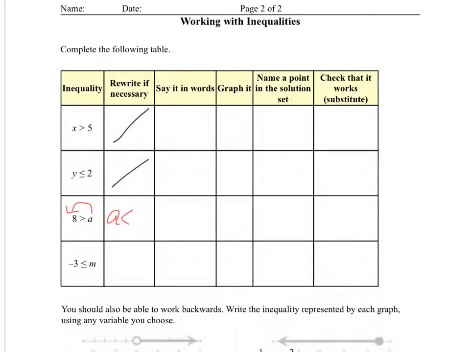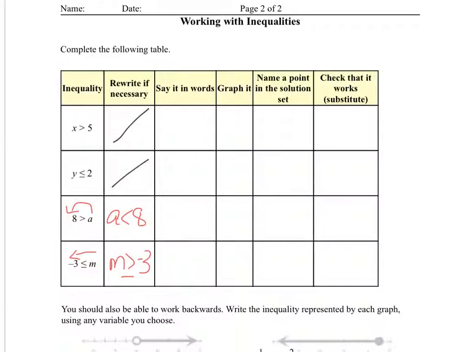So you're literally writing it backwards, and then the 8. Okay, so that's how we rewrite it backwards. The same thing with the next one, because the m isn't written first, so we're going to write the m first, and then this time the opening is to the m, so we're going to do it this way, and then -3. Okay, so we have to rewrite those last two.